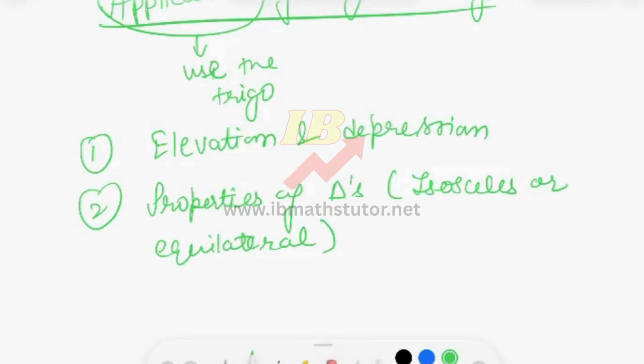All of those triangles will work here. And maybe it could be a part of quadrilaterals as well. We have different types of quadrilaterals, so maybe we can use it in those too.